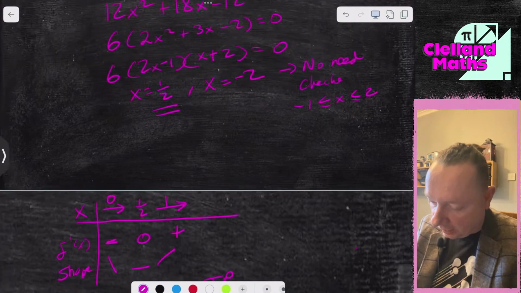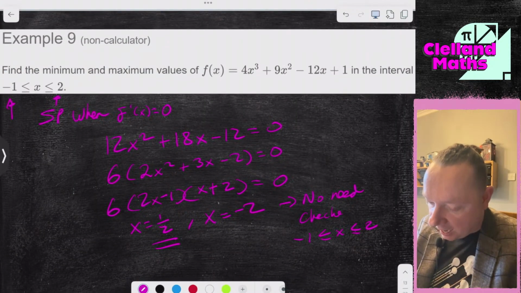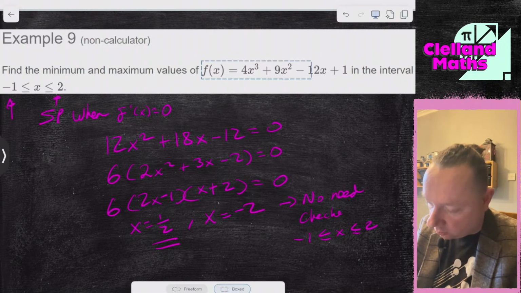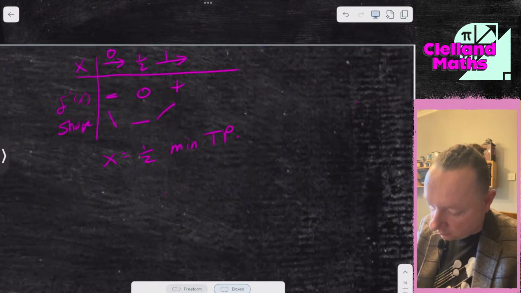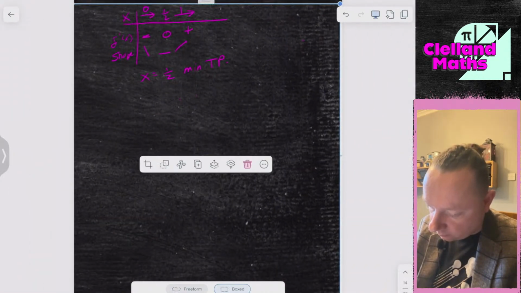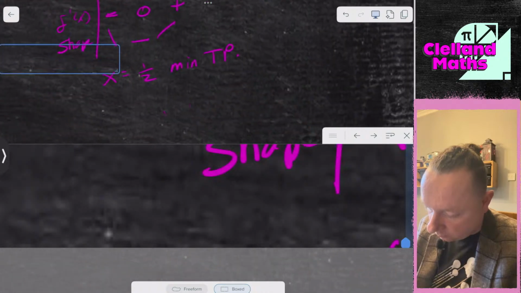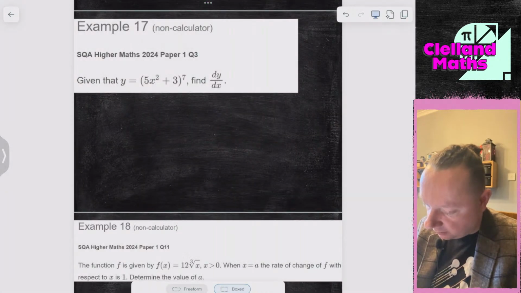So now we need to check what happens at -1 and 2. So I've got our original equation. Oops, we're messing all up here.